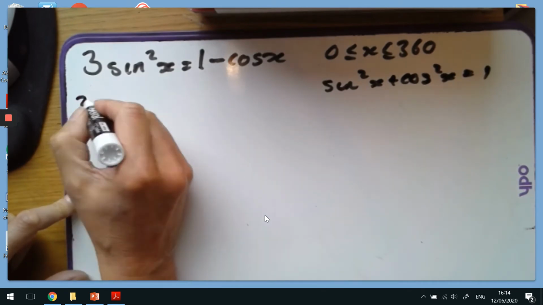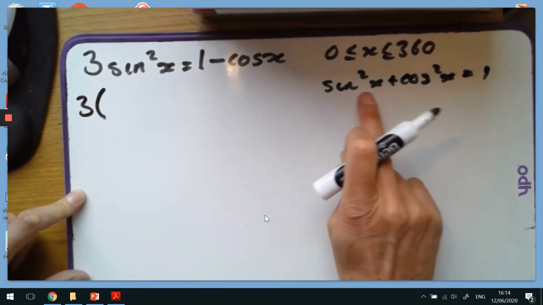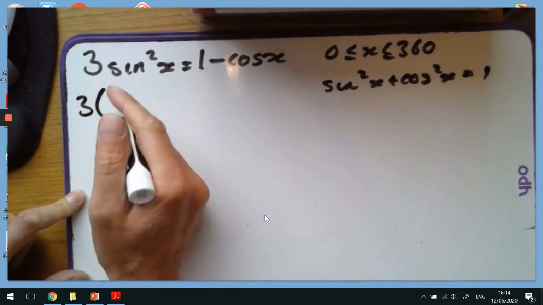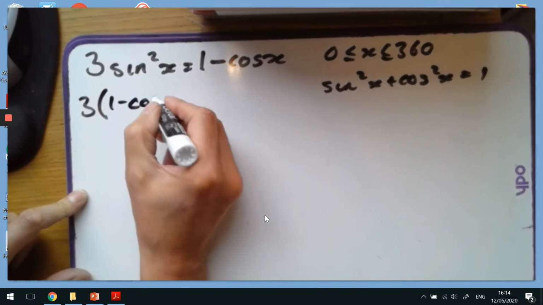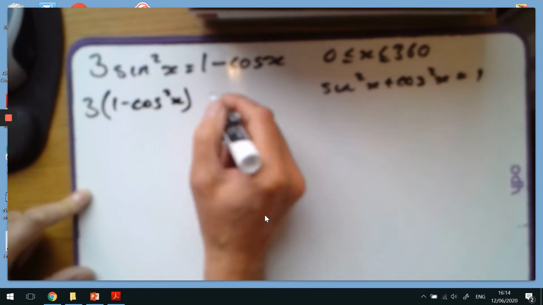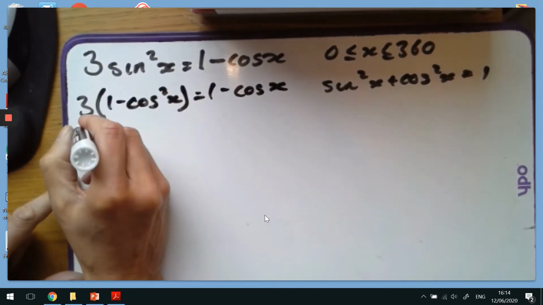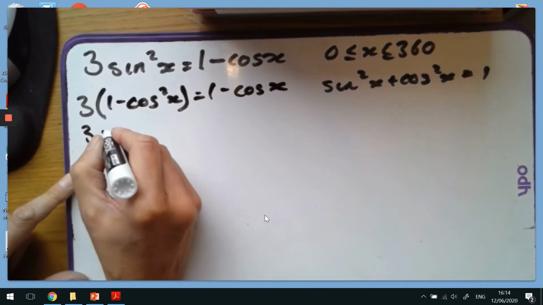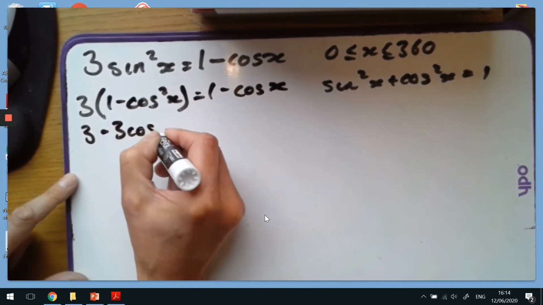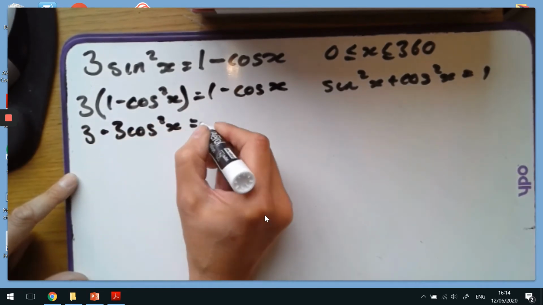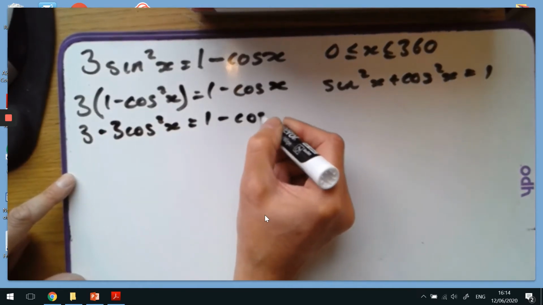So that is going to be 3, and sine squared of x is 1 minus cos squared of x. As ever, we're just going to take it nice and steady so that we don't make a mistake. Don't try and do too many things at once. That's where things go wrong.